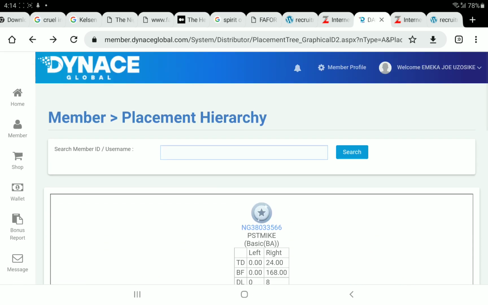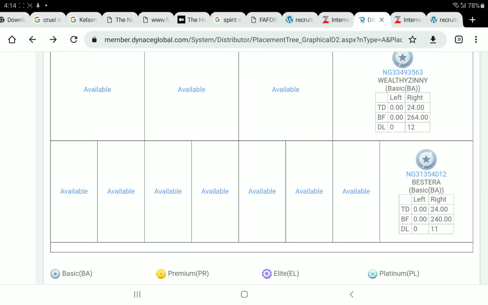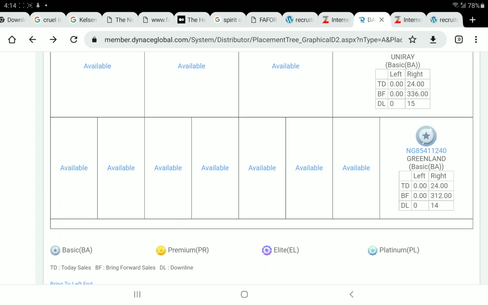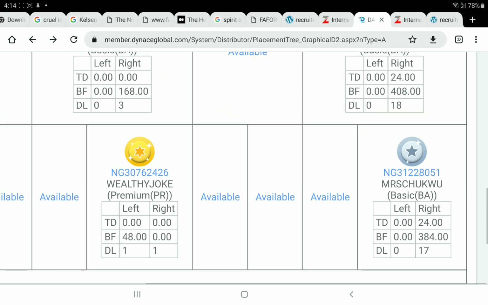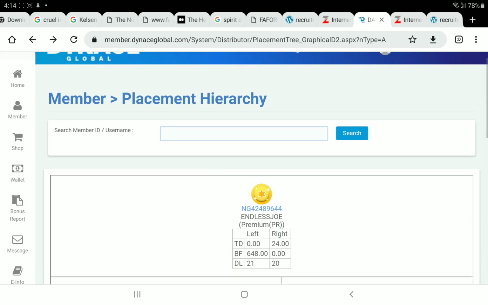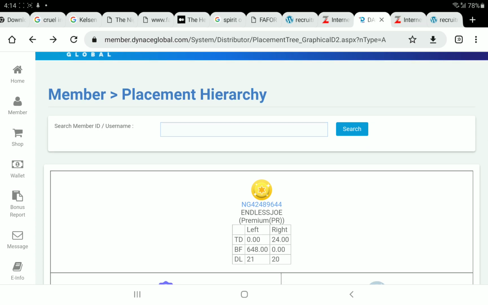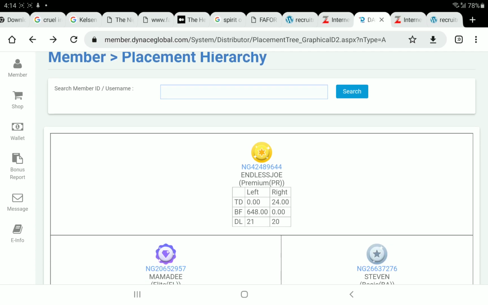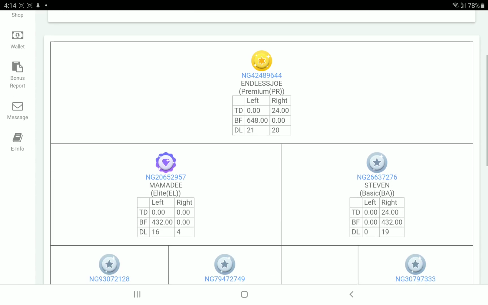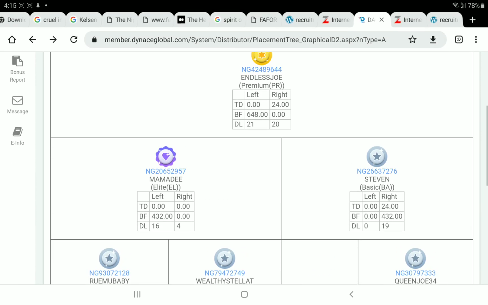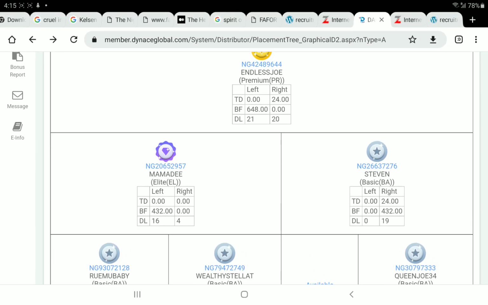So let's go back to the beginning, and I'll show you the other pattern of building, which most people build by default. Now, if you look at this, you have the team of Endless Joe to the left and to the right.